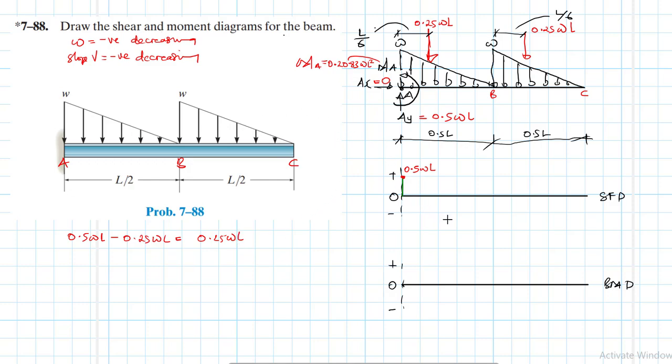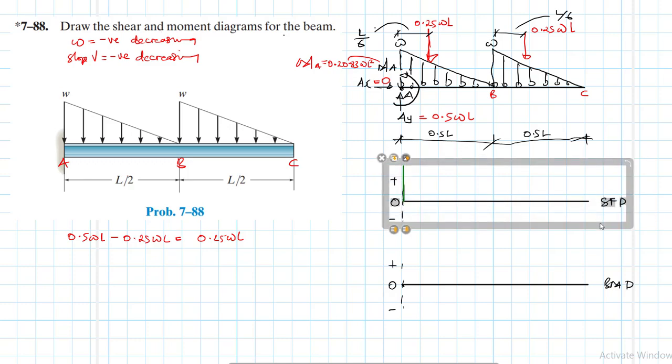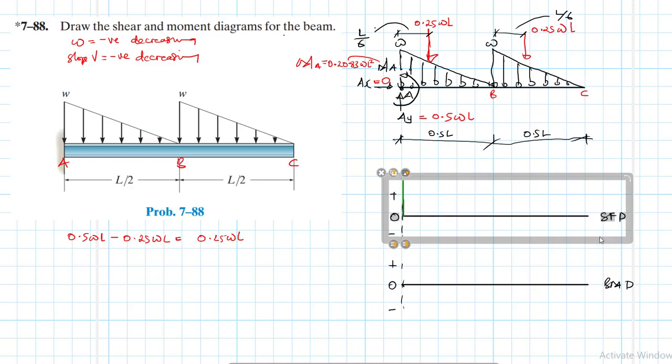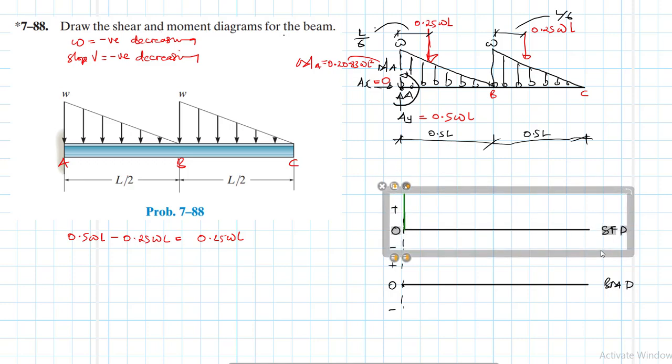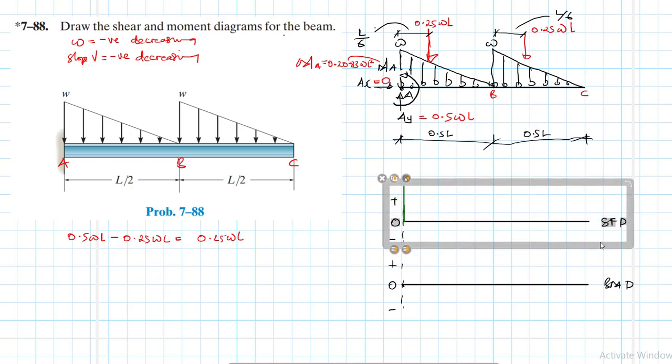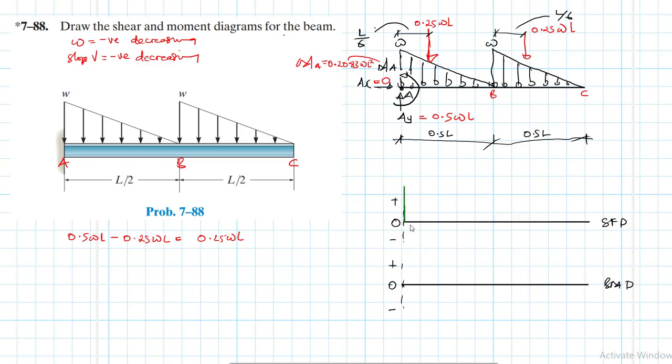So maybe I increase this a little bit. It's a bit short. Maybe I take it somewhere there. I think we still need to increase it a little bit. Let me drop this down a bit, maybe up to somewhere there. Great, something like this.